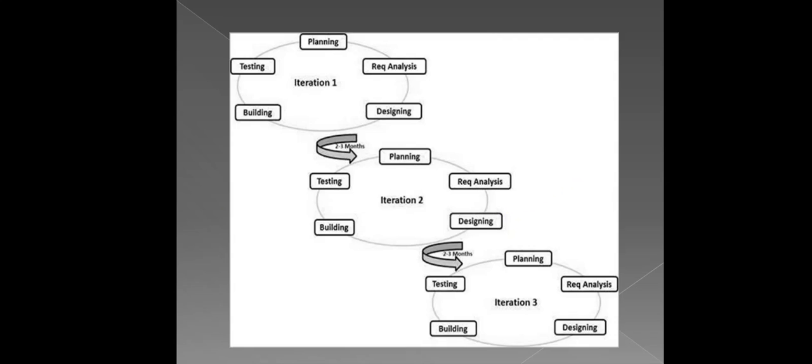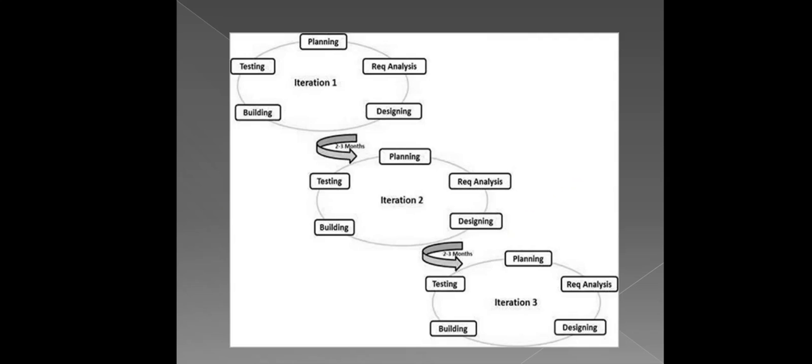This is the graphical representation of the Agile model. We can see that there are certain steps: planning, requirement analysis, designing, building, and testing. So we build our product in the early 2 to 3 months, and then after testing that product, we deliver it to our customer.